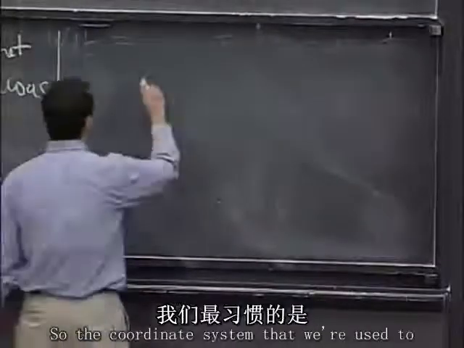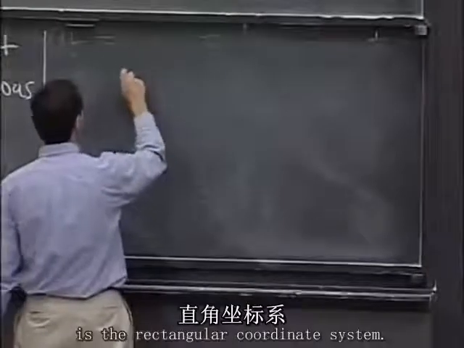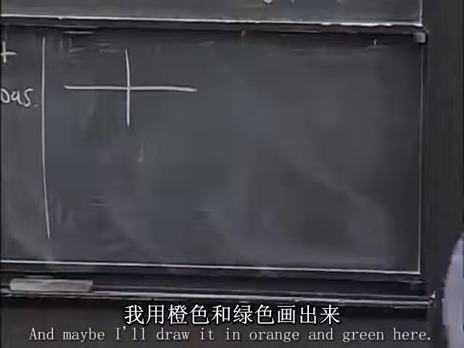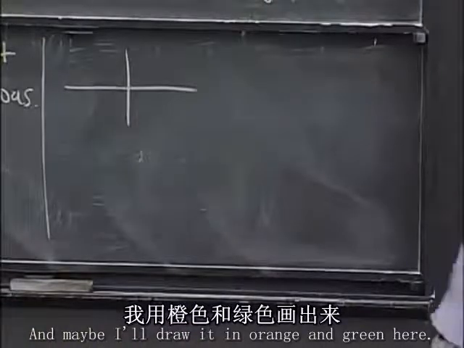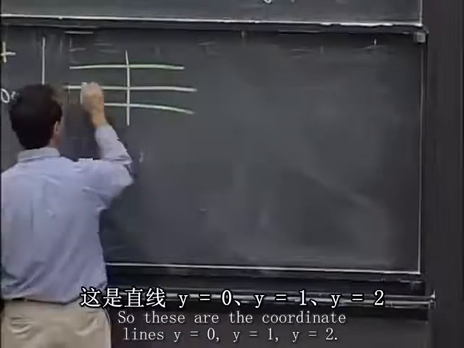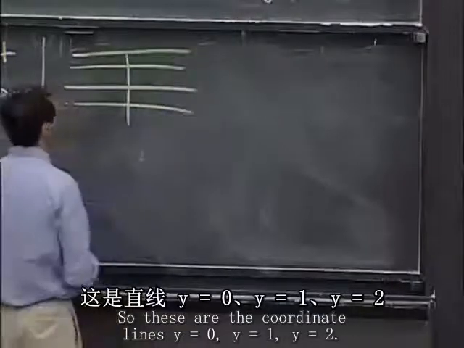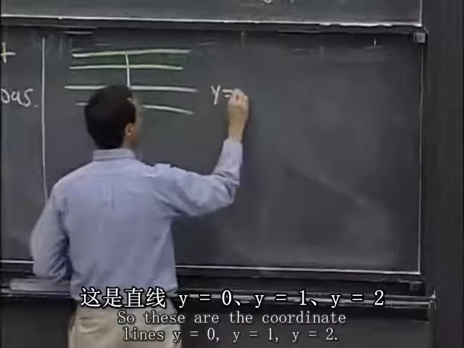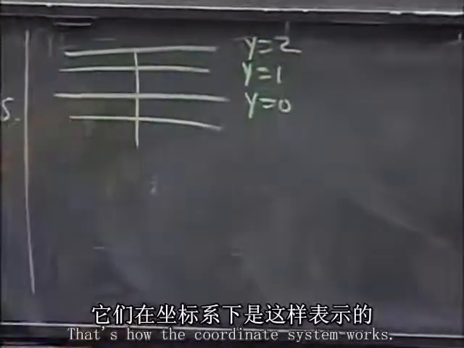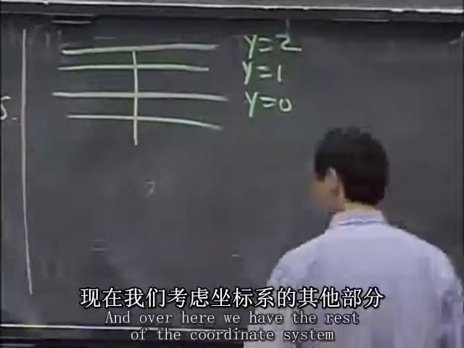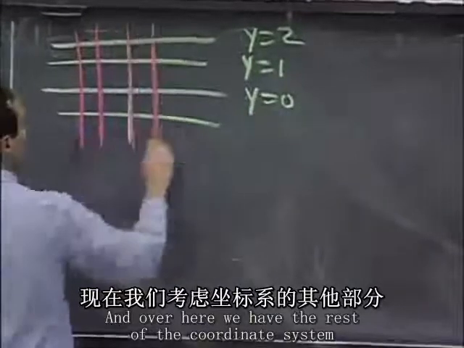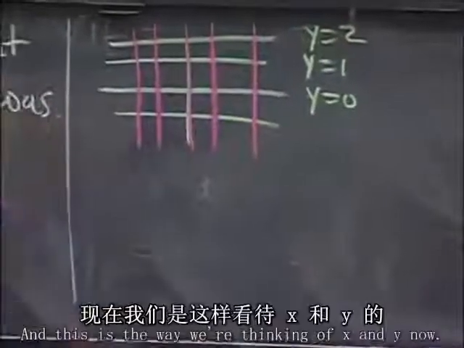So the coordinate system that we're used to is the rectangular coordinate system, and maybe I'll draw it in orange and green here. So these are the coordinate lines. y equals 0, y equals 1, y equals 2. That's how the coordinate system works. And this is the way we're thinking of x and y now.